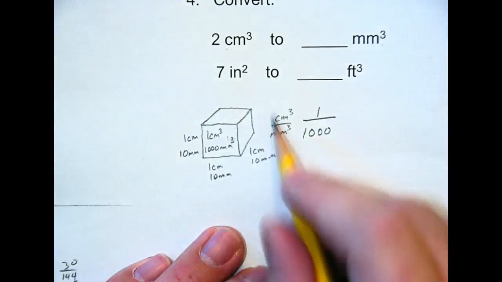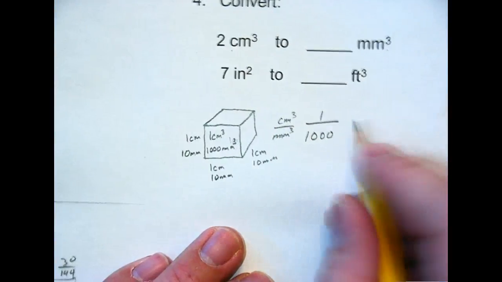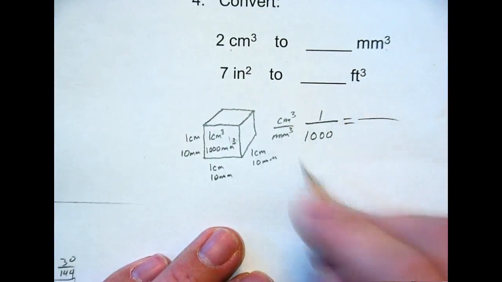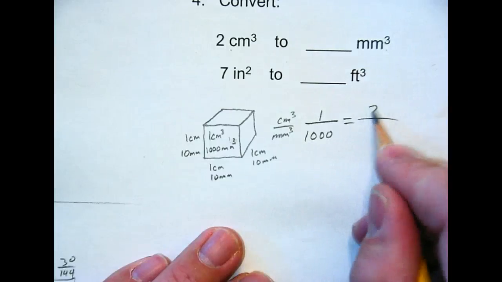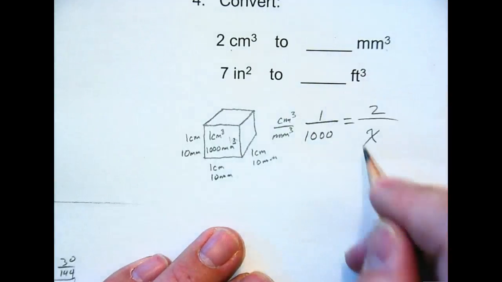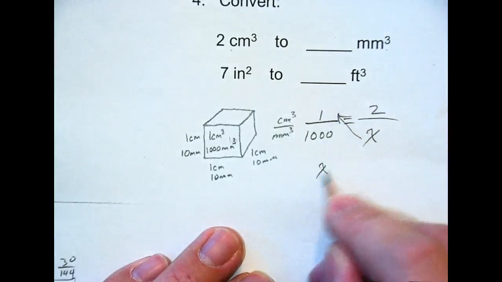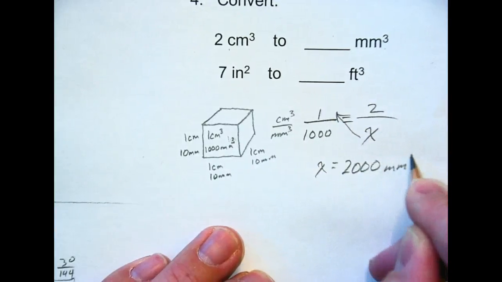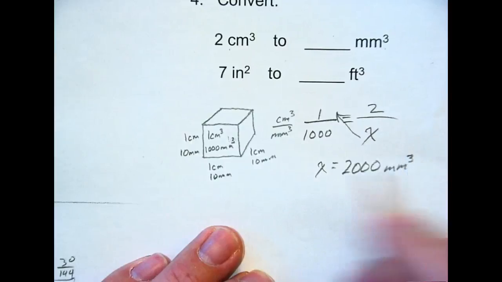I write that just so I remember what's going where. So what goes on top on this side of my proportion? 2. And I'm trying to find x. So x is 2,000 cubic millimeters.